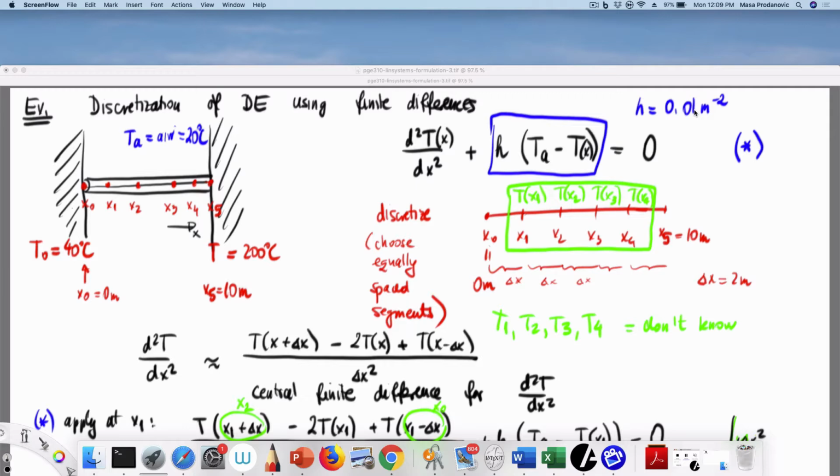This is something that depends on the materials in contact. The more similar the materials, the faster this transfer happens, and I might even have a continuous boundary. But whenever I have solid and liquid or fluid in general, it's not going to happen immediately, so we have this transfer that happens with h, and it's faster if the difference between those temperatures is bigger, which is this Ta minus T. Okay?